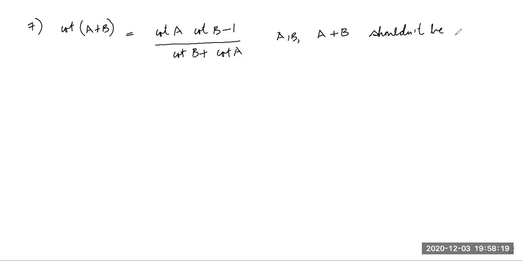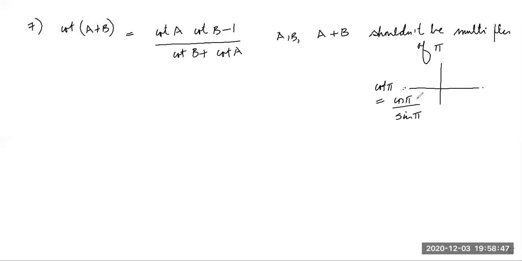Why? Because see here, if it is pi, or 2 pi or 3 pi, what is the value for cot? Cot pi is equal to cos pi divided by sine pi.